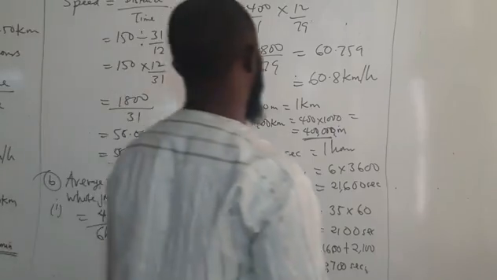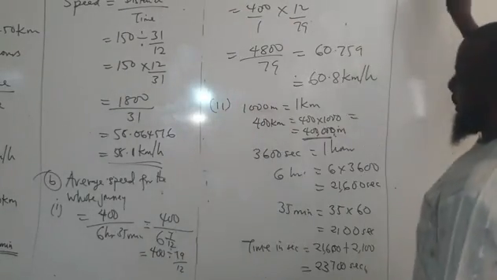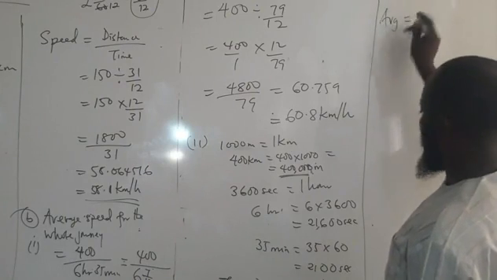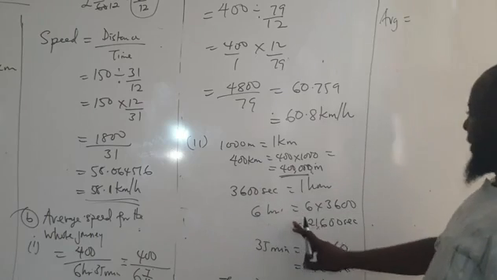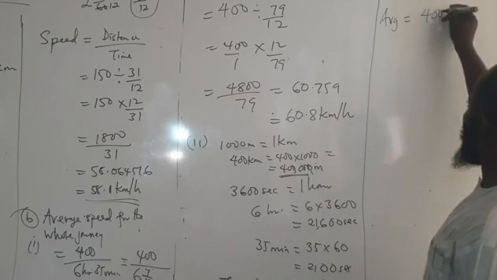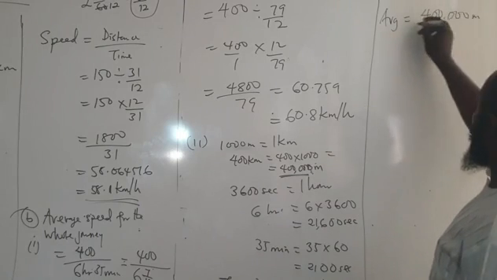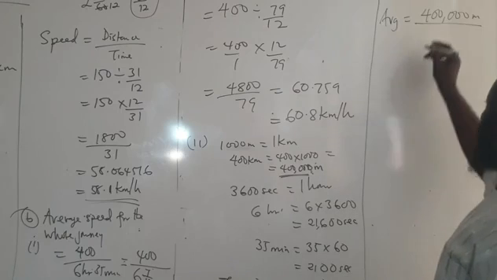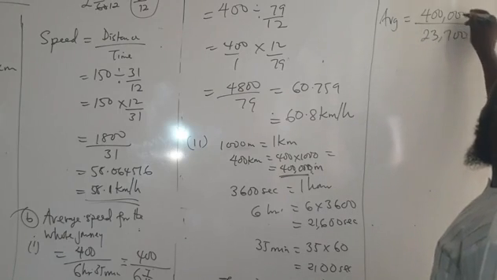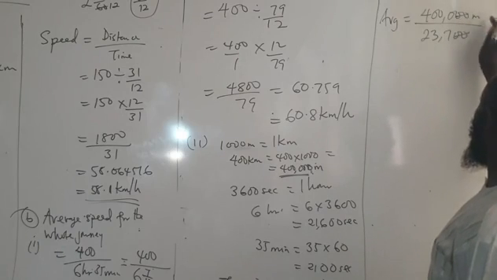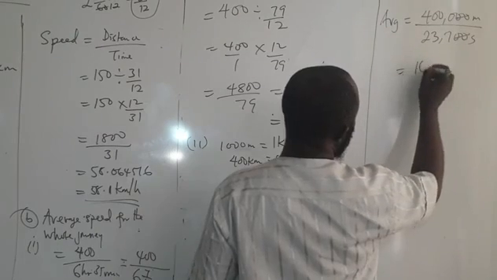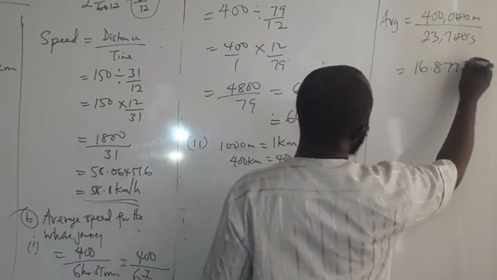So we now go to our speed. So average speed now will then be the total distance, 400,000 meters, divided by the time in seconds, 23,700. So 0 cancels 0, right? So we divide this, and it gives us 16.8776.